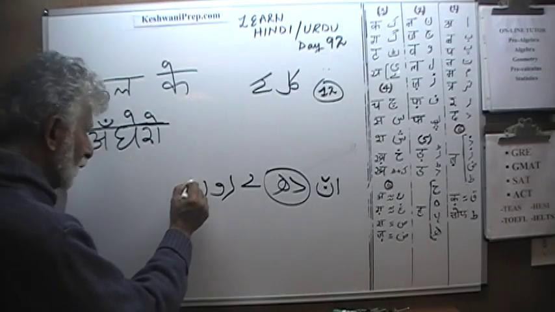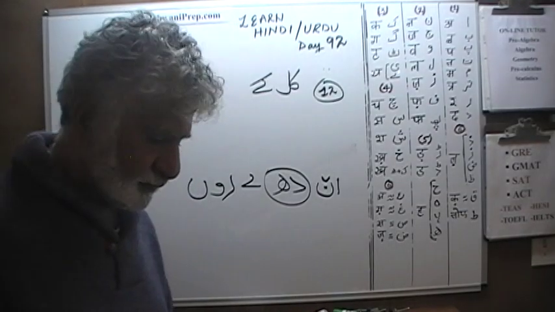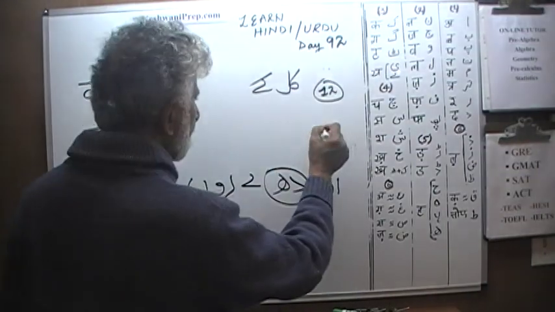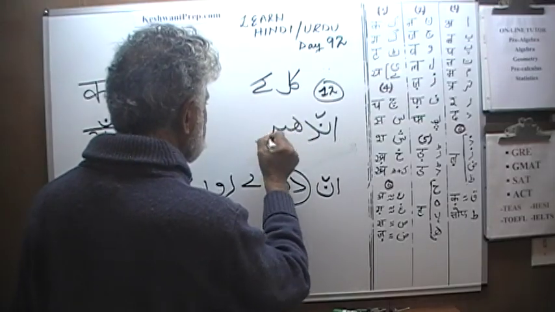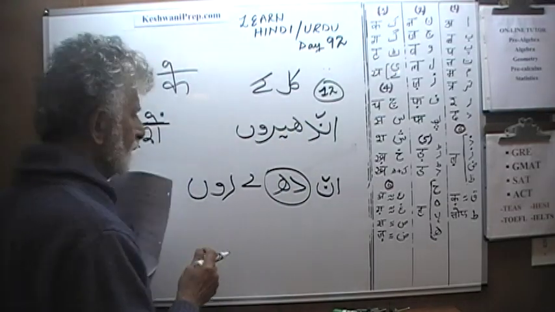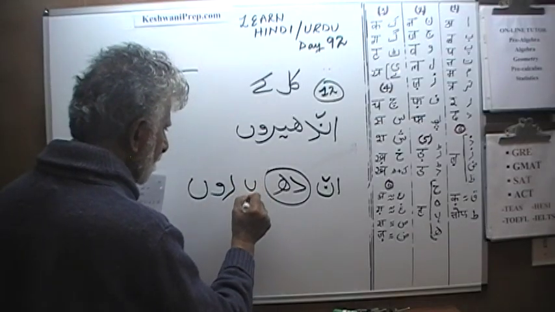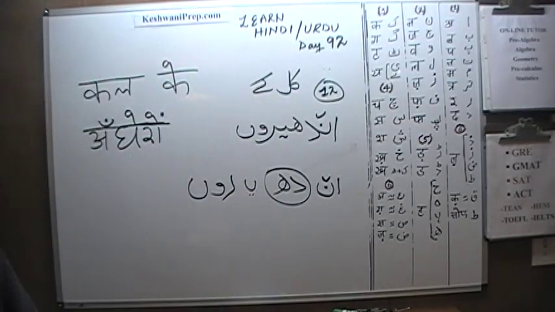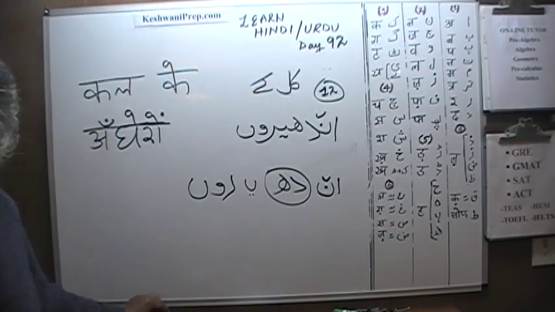Nun gunna. Andero means darkness. Let's put it all together. Andero. This ye, when it joins, takes this shape. And that reads andero. Kal ke andero.